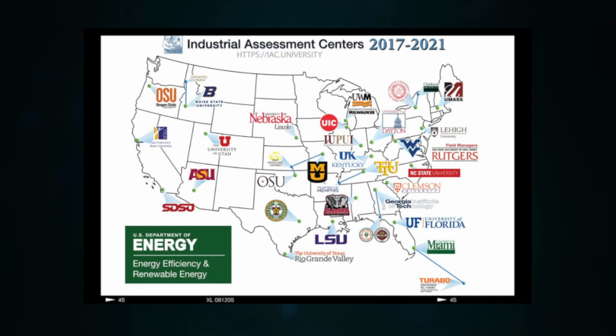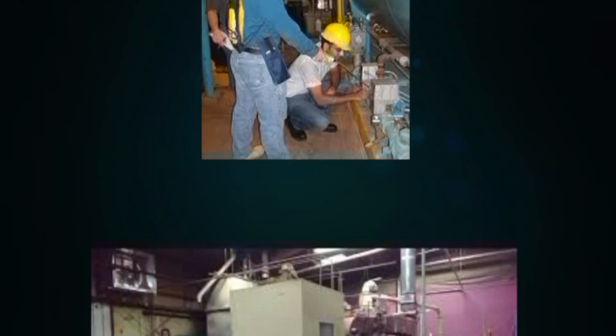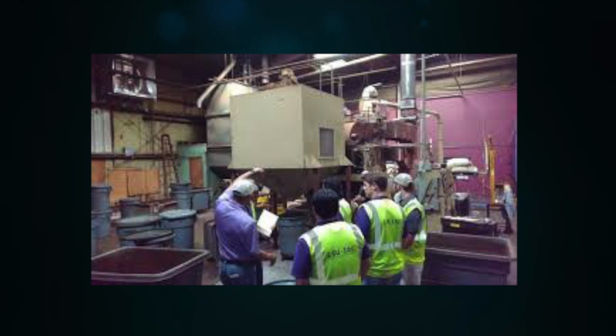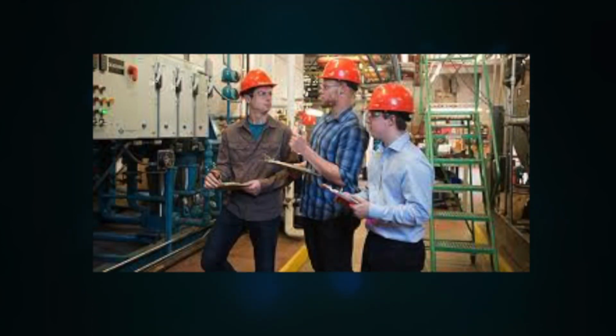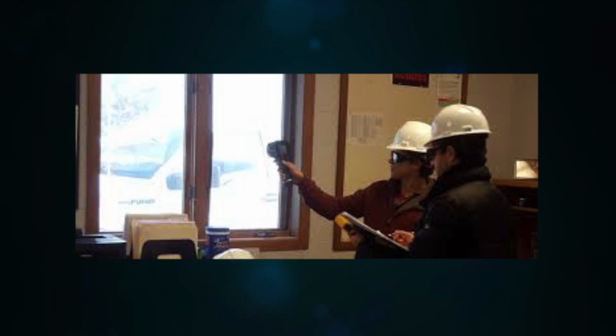Since 1976, the Industrial Assessment Centers have helped small and medium-sized American manufacturers to reduce energy use, reduce waste, and increase their productivity. The 28 IACs located at premier engineering universities around the country send teams of faculty and engineering students into local manufacturing facilities to provide a no-cost assessment of energy and water usage, as well as an analysis of their waste streams and overall productivity.